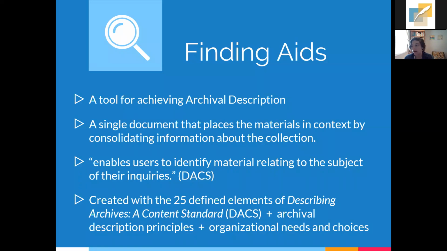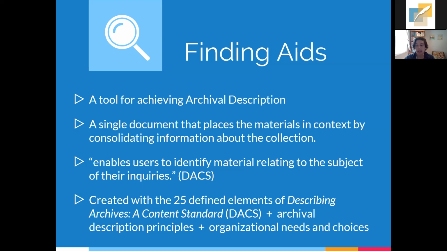Okay, so how do we achieve all of these goals and actually create archival description to put out into the world? Well, there are definitely multiple ways to go about this. Description can mean a variety of different things. The core one that we're going to talk about today is finding aids. So these are, very simply put, tools for achieving archival description.